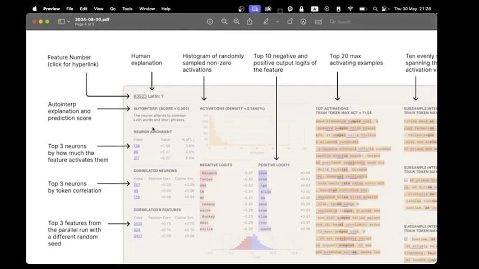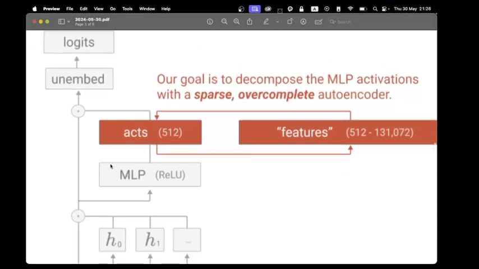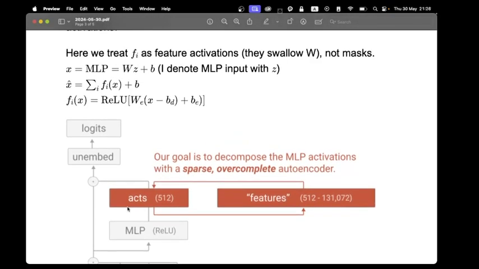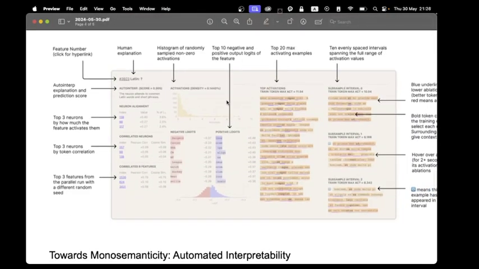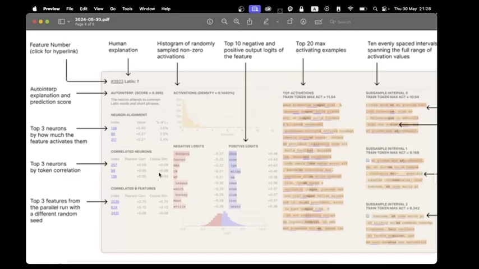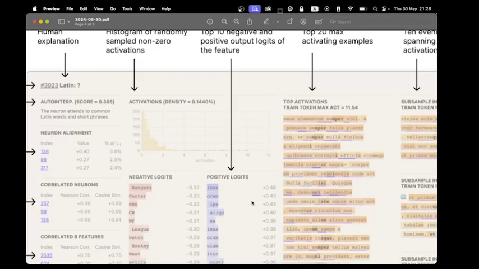So what's going on here? We took linear activations and we compressed them, and we kind of found those masks which correspond to directions in activation space. And then we took those masks and we just took the top tokens which correspond to the mask, and we are like, okay, it seems to do something.